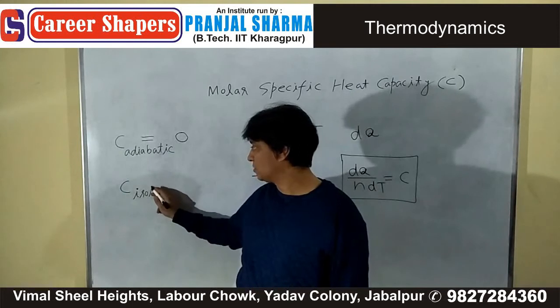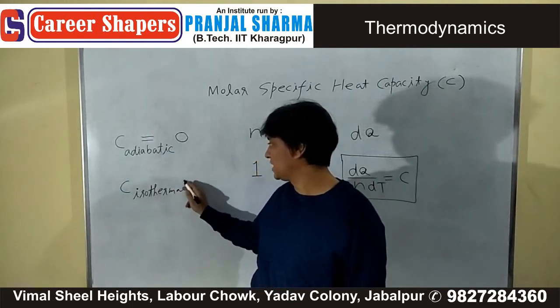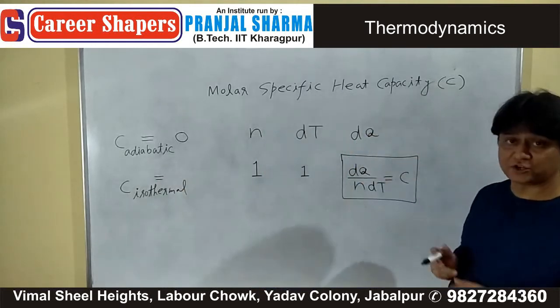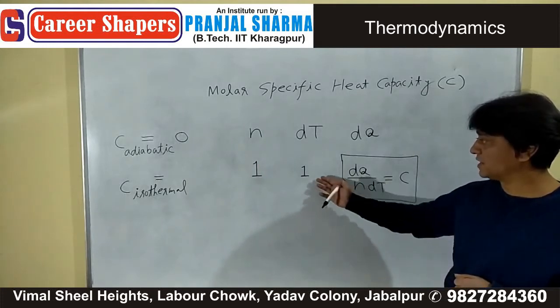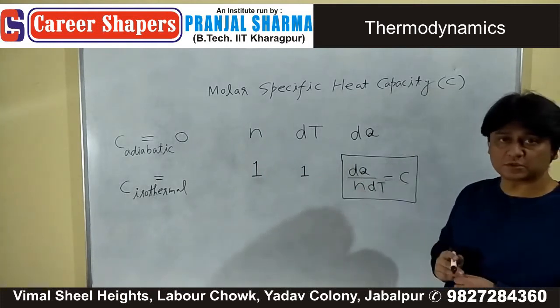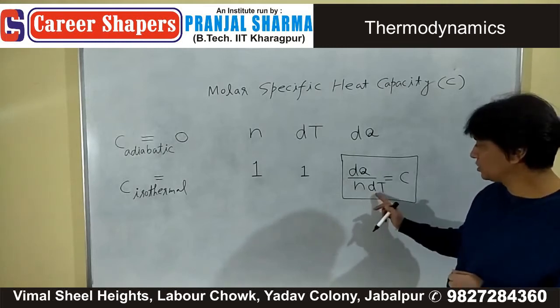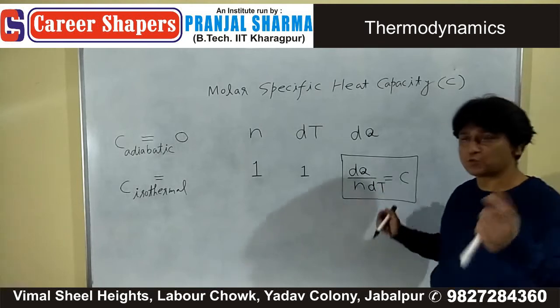For an isothermal process, what do you think will be the value of C? What is C? Amount of heat required to raise the temperature by 1 degree Celsius. But in this case, you have a process which is what? Isothermal. For isothermal, what is dT? 0. Something upon 0 is what?